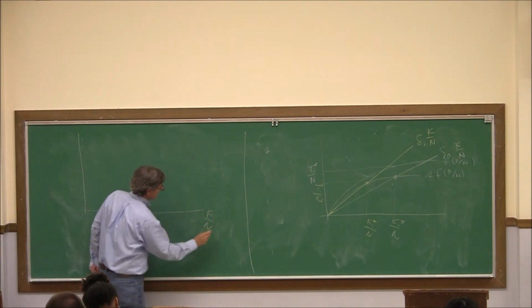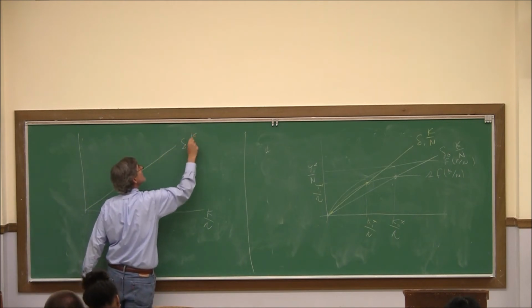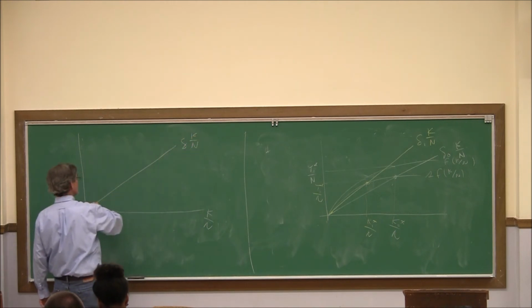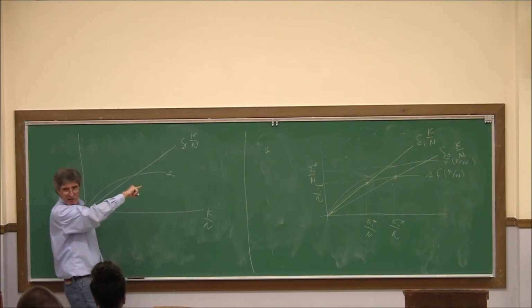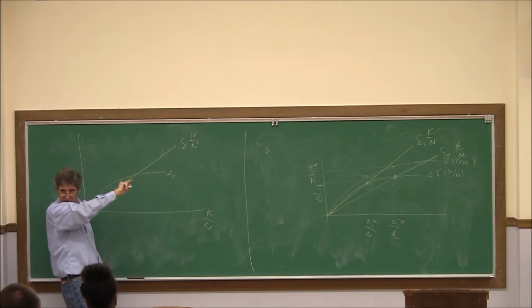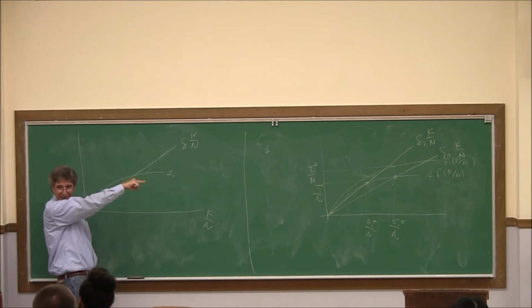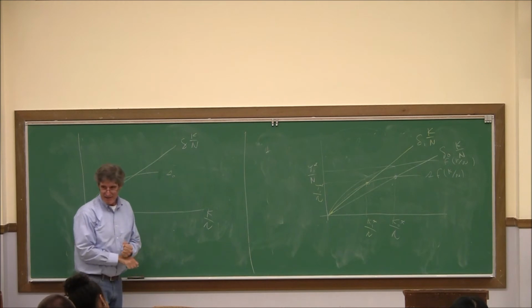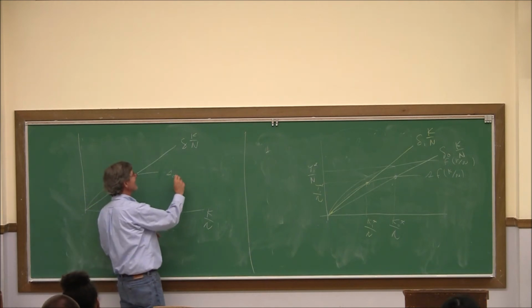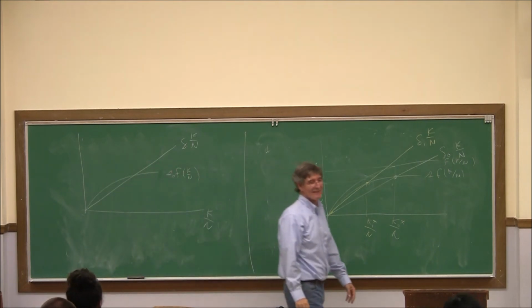K over N, delta K over N, S is 0. This really shouldn't pass horizontal, and I'm the worst artist on campus. It shouldn't go back down.